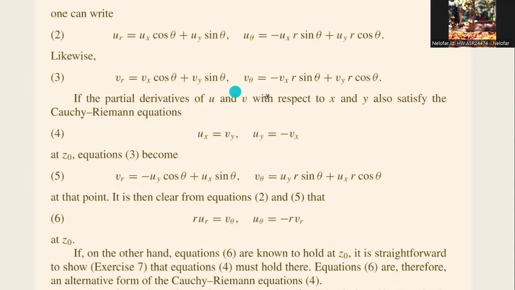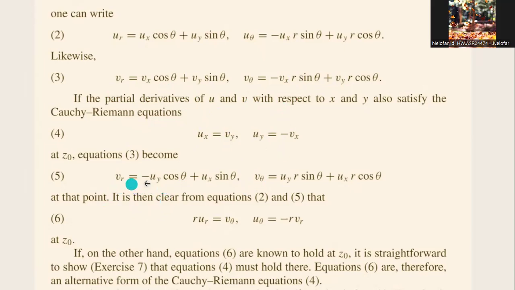Now in equation 3, vr is equal to vx, which is equal to minus uy, and vy is equal to ux, and here minus vx is equal to uy and vy is equal to ux. All these v's are replaced by u's by using these CR equations.